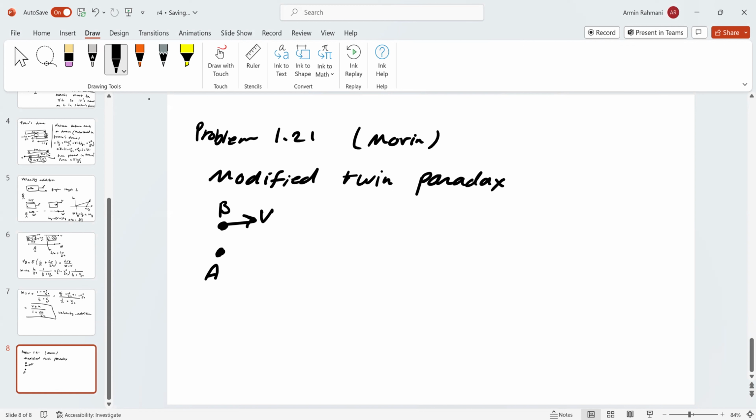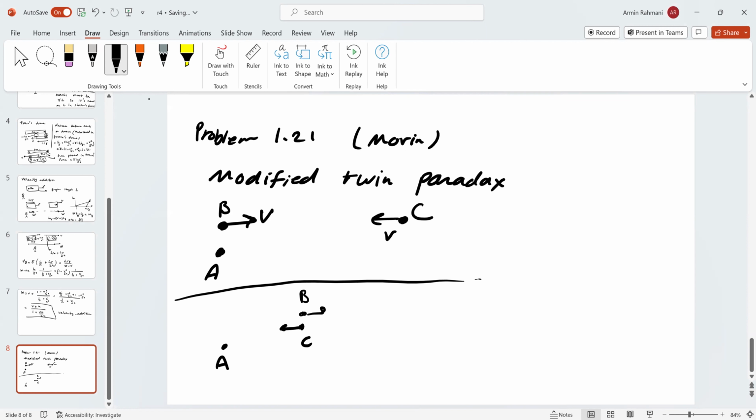And then there's another observer somewhere far away that's moving this way with velocity v. So let's call that observer C. So we have three observers. So what's happening is, well, A is just sitting there, and at some point B and C will be at the same position. So that's a bit later.